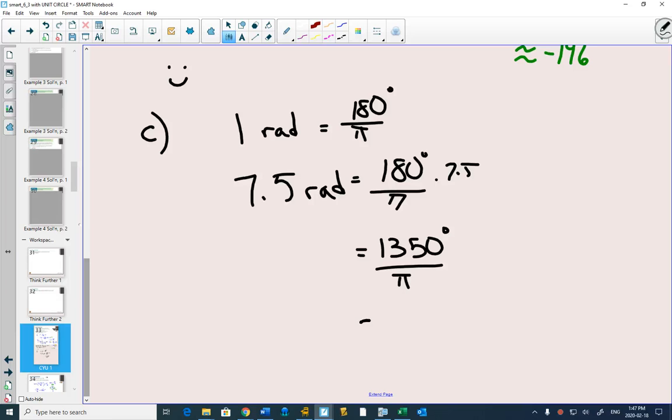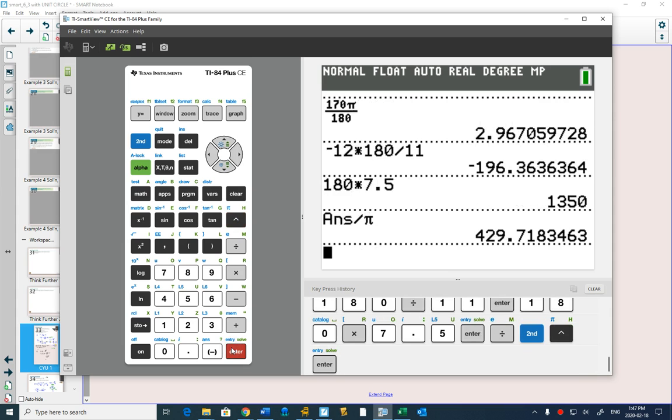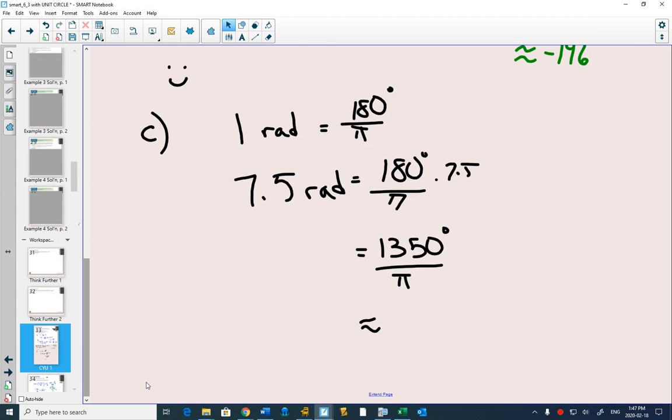As a decimal, 429.7 degrees. And the question did say to the nearest tenth, so I have rounded correctly.